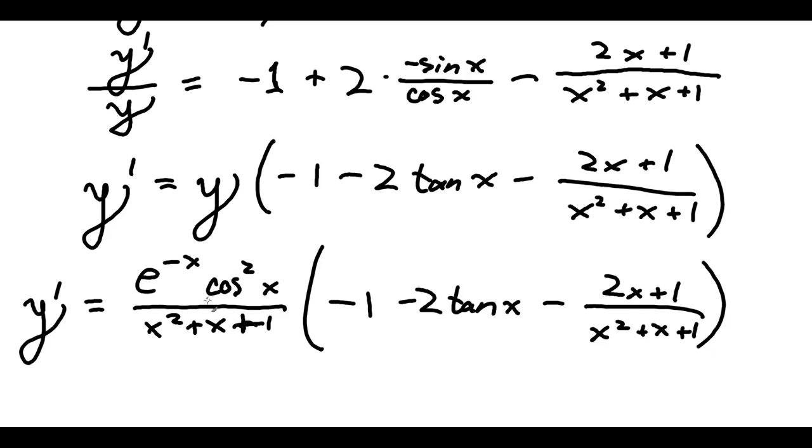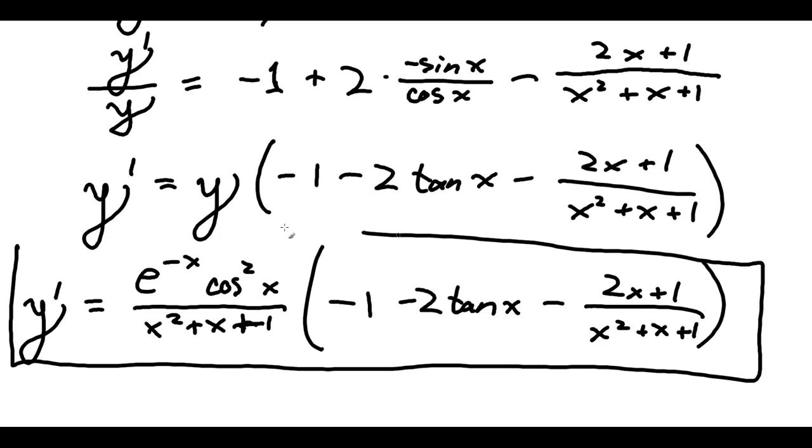And if you wanted to, of course, all three of these terms are negative, so you could factor that out to the front, put a negative sign out front here, and make that 1 plus 2 tan x plus 2x plus 1 over blah, blah. Doesn't really matter, but however you want to write that, we have this here.